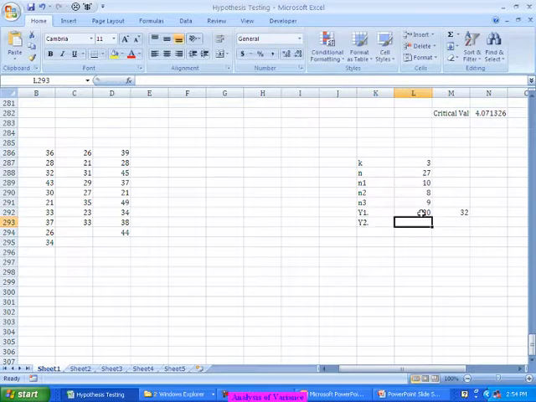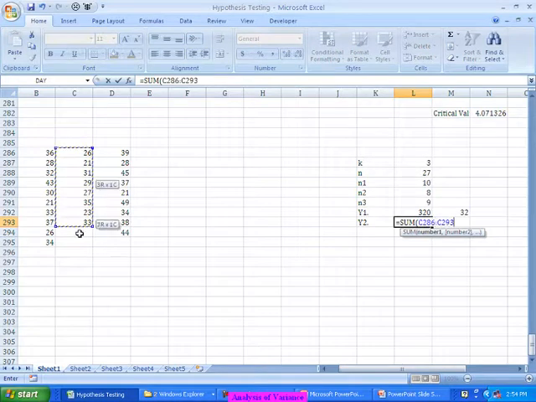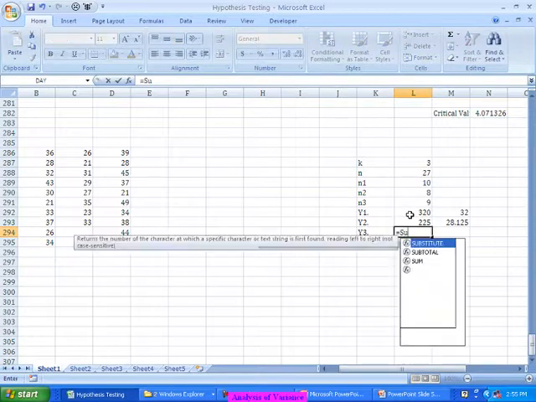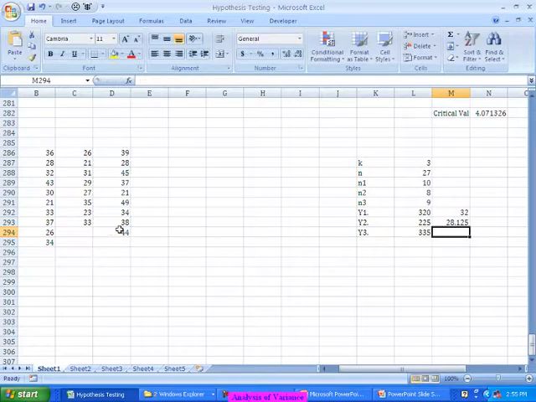Same logic, y2 dot is the summation of all these, and y2 dot bar is this number divided by 8. Similarly, y3 dot is the summation of all these, and y3 dot bar is nothing but this value divided by 9.